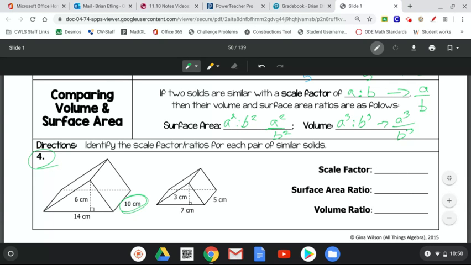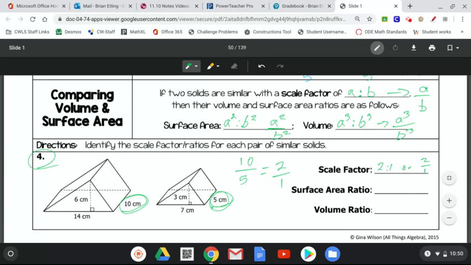I see a 10 here, that's a nice number. See a 5 over here. So if we do 10 over 5, that reduces down to 2 over 1. Okay? So our scale factor here is 2 to 1 or 2 over 1.